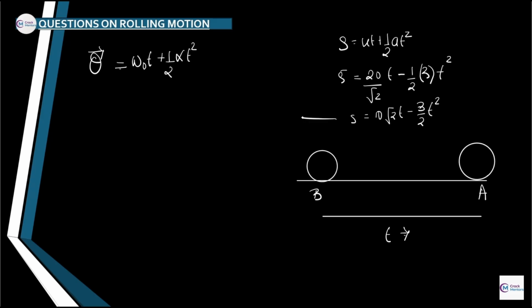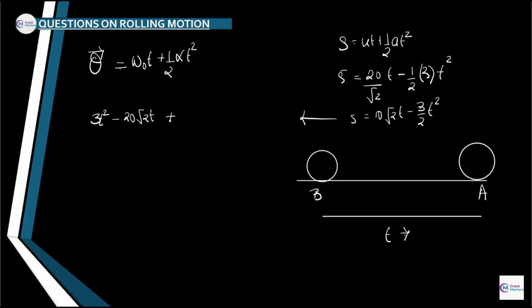Okay. And this is too lengthy. What is the time that we are going to get? It can be written as 3t square minus 20 root 2 t plus 5 equals 0.